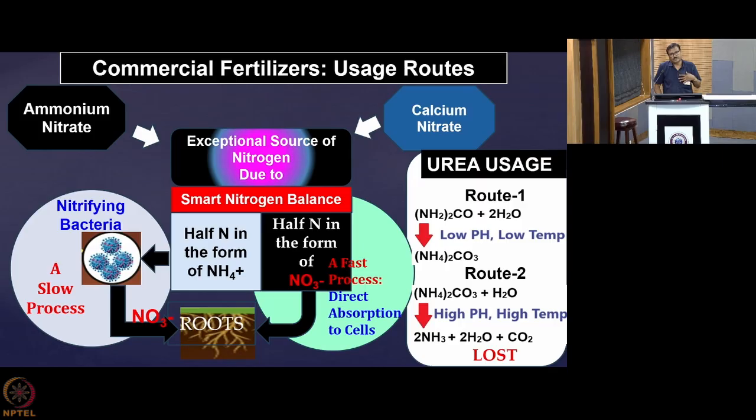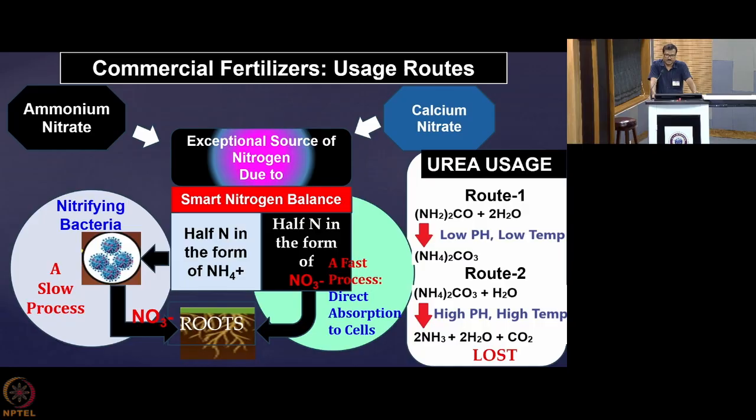Now, when we are using commercial fertilizers, they are using ammonium nitrate and calcium nitrates. When you are giving ammonium nitrate, one nitrogen atom is there in the ammonium ion, and in the nitrate, another nitrogen atom is there. So, nitrifying bacteria, what they are doing, they are taking the ammonium ion and converting that into nitrate, and that nitrate the plants are absorbing.